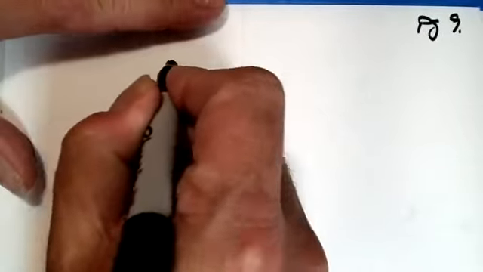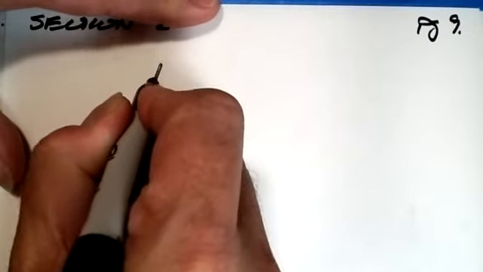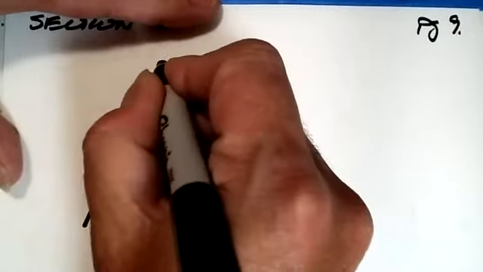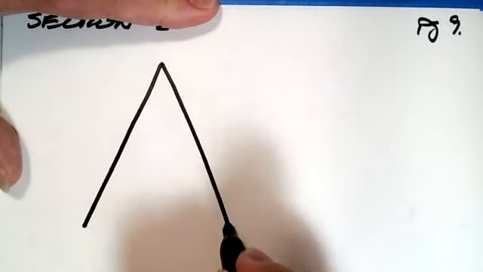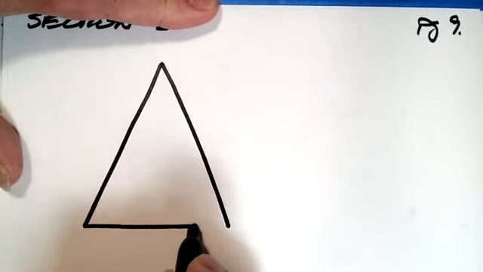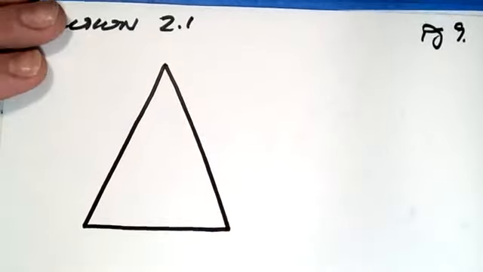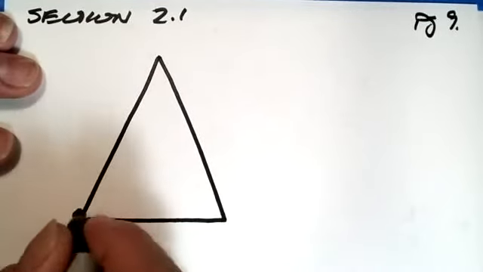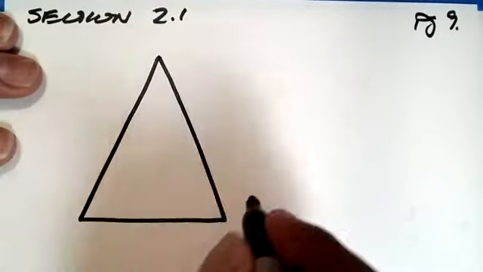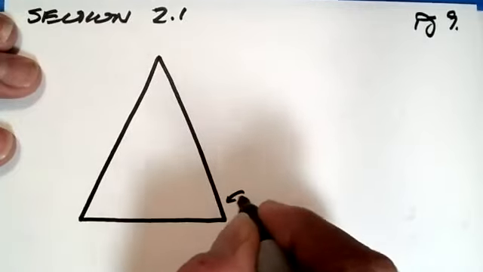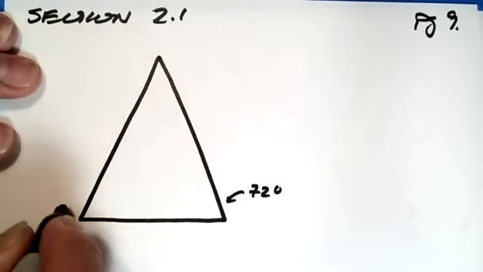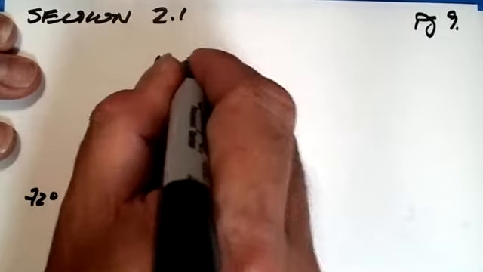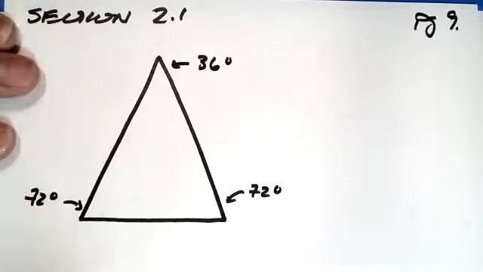So I'm going to draw this a little bit large here, and I'm not really great at drawing 72-degree angles, so I'm hoping it doesn't look too weird. Let's say both of these base angles are 72 degrees, and that makes the angle at the top 36.